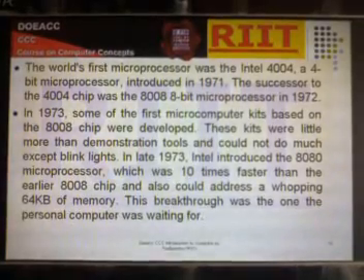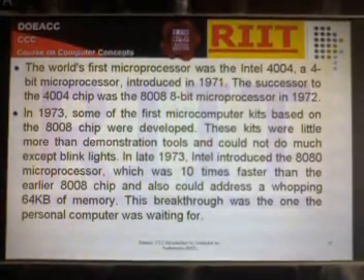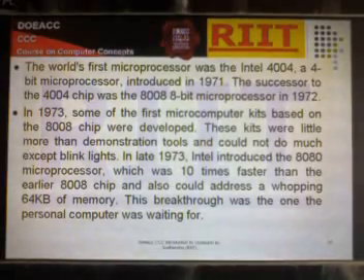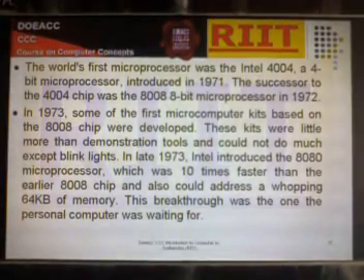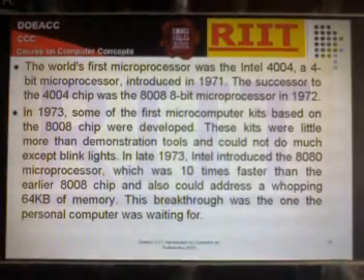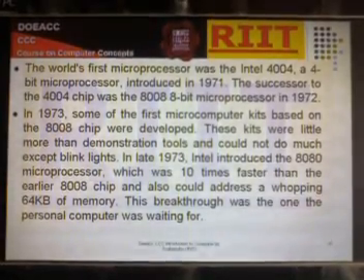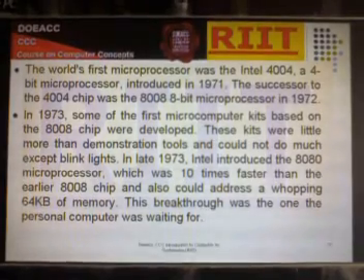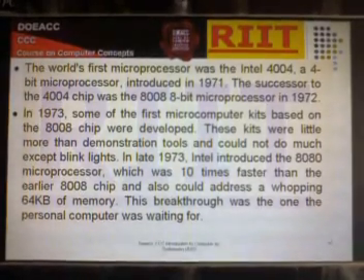In late 1973, Intel introduced the 8080 microprocessor, which was 10 times faster than the earlier 8008 chip. It could also address a whopping 64 KB of memory.